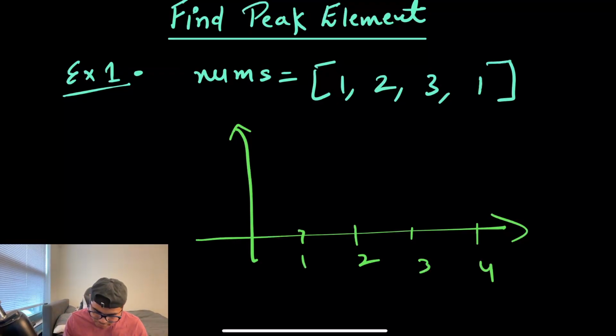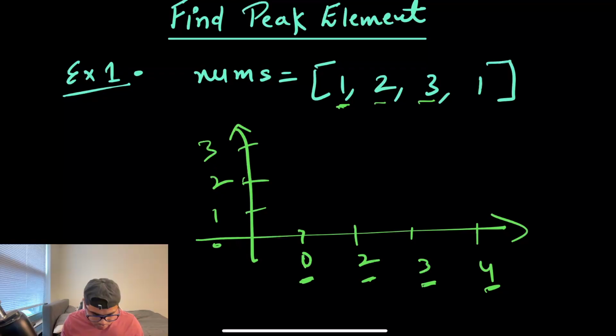This is the index, and this represents the height. So we have 1, 2 and 3. Zero should have been over here, so let's call it 0.